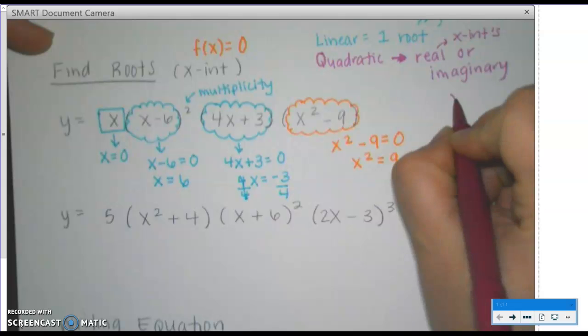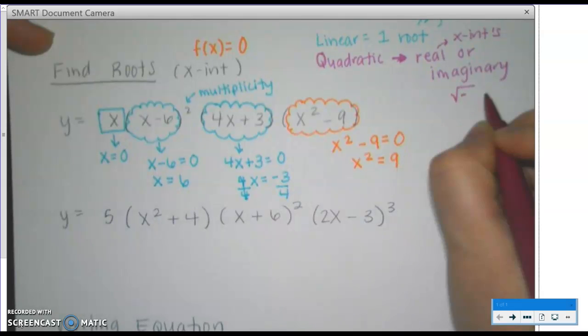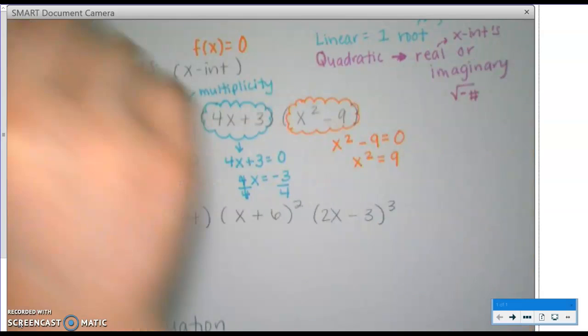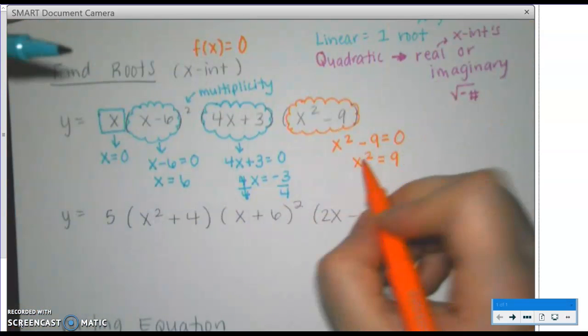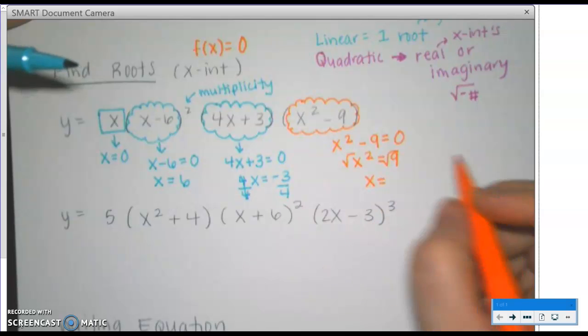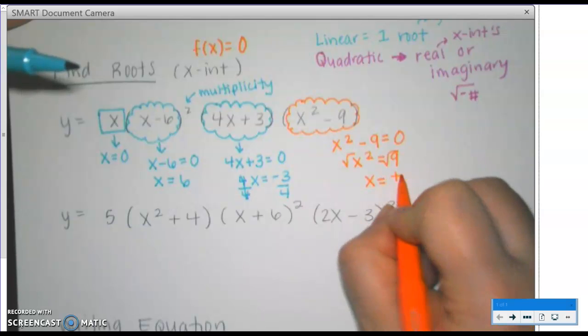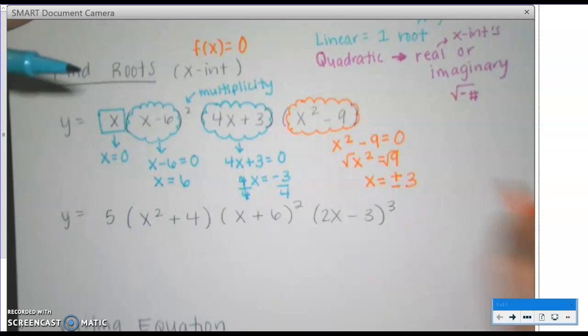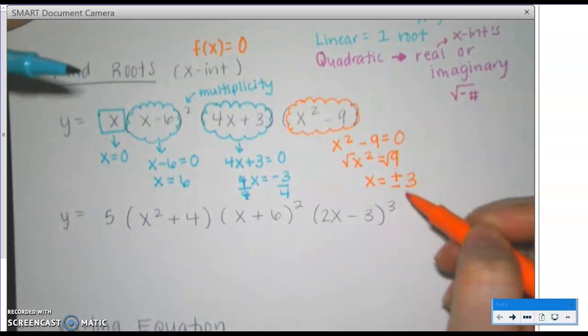Imaginary roots are when you take the square root of a negative number, and that's not going to happen in this case. If I take the square root, I'm going to get positive 3 and negative 3.